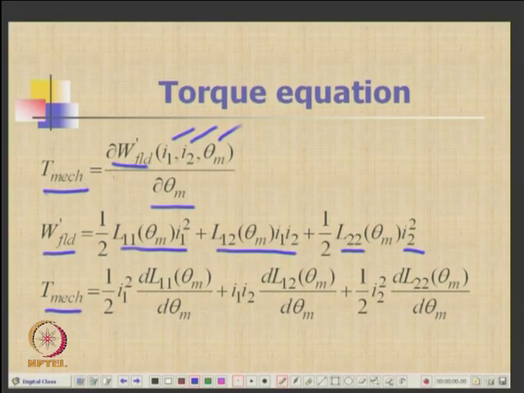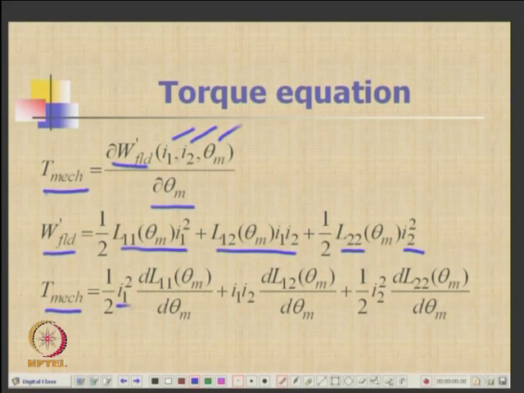Then mechanical torque will be a partial derivative of this, meaning during this period currents are not changed. Partial derivative, by mathematical definition, means you differentiate with reference to one variable, keeping the other variables fixed, not altered.